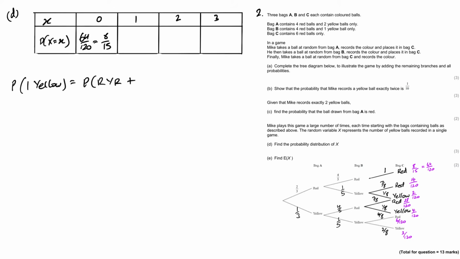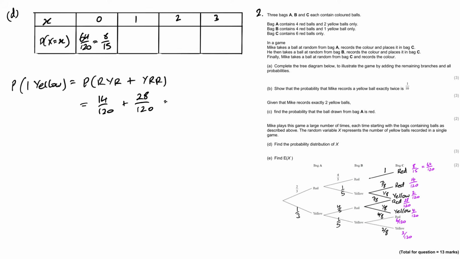If we start with yellow, it would be yellow, red, red, just 28 over 100. These are the scenarios. So red, yellow, red was 14 over 120. Yellow, red, red is 28 over 120.